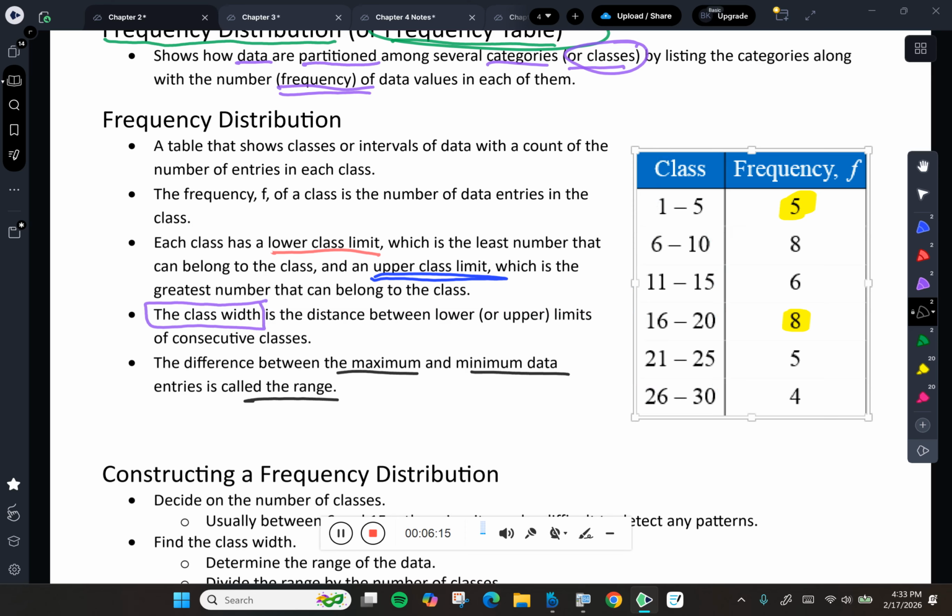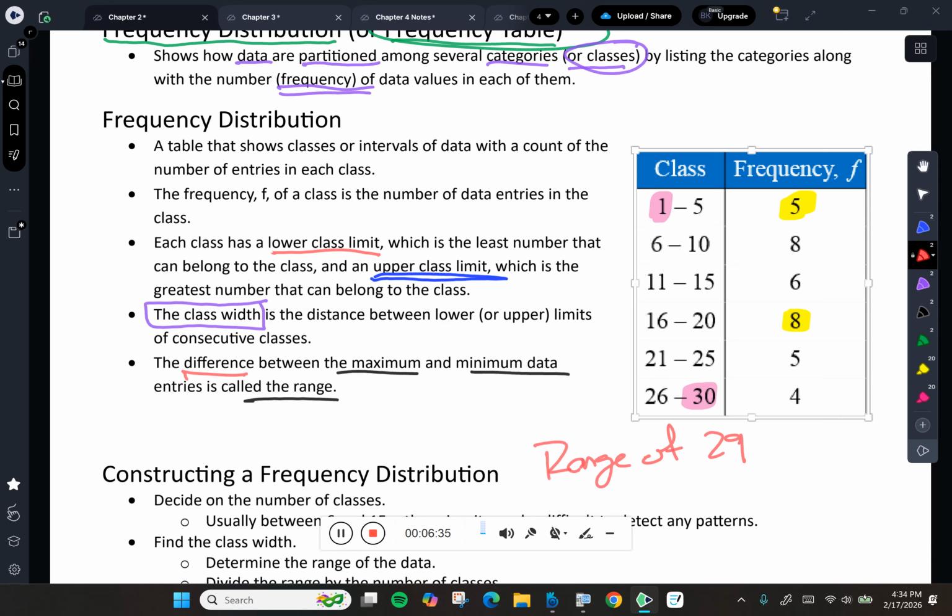So one could argue that by looking at this distribution, there's the max, there's the min. So we could say that we have a range of 29, because 30 minus 1, the difference, subtraction, 30 minus 1 is 29.